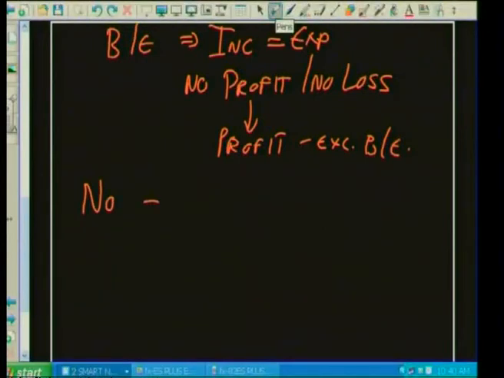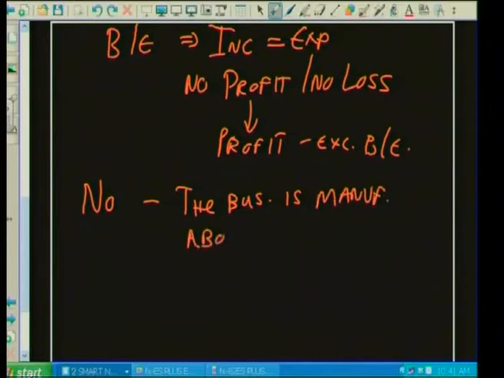And the reason being, the business is manufacturing above break-even point. And remember, the question wanted you to quote certain figures. Guys, I know I'm obviously abbreviating here, but I want to try and complete this question.